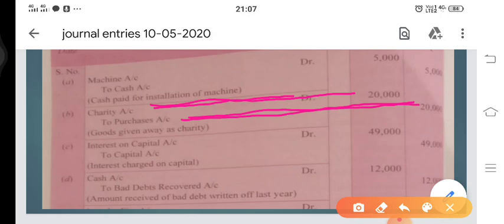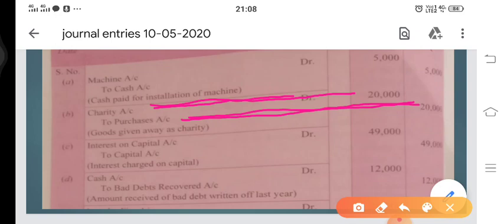In the first lecture, we discussed that capital is the amount invested into the business by the businessman. Since capital is given to the business by the businessman, if the business has to pay interest, it is an expenditure, and every expenditure comes under nominal account, which says debit all expenses and losses.